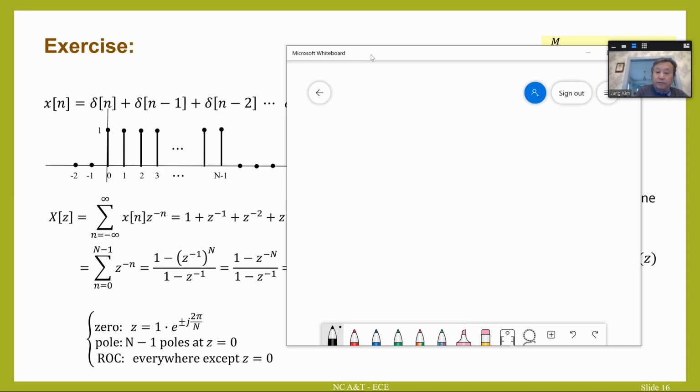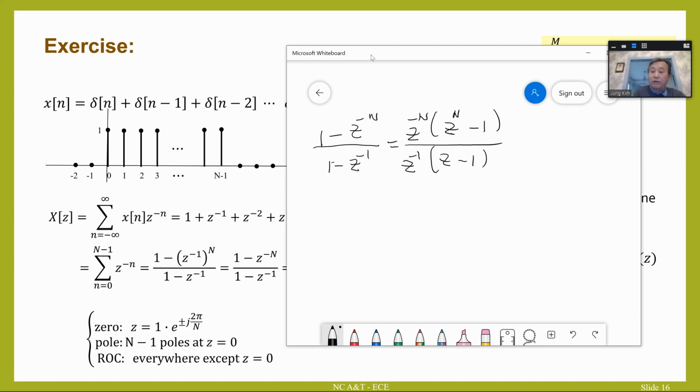So this is 1 minus G to the minus n over 1 minus G to the minus 1. The denominator part is G to the minus 1 and G minus 1, and the numerator part is G to the minus n and G to the n minus 1. Then combining these together, this becomes G to the large N minus 1 over G to the large N minus 1 times G minus 1.